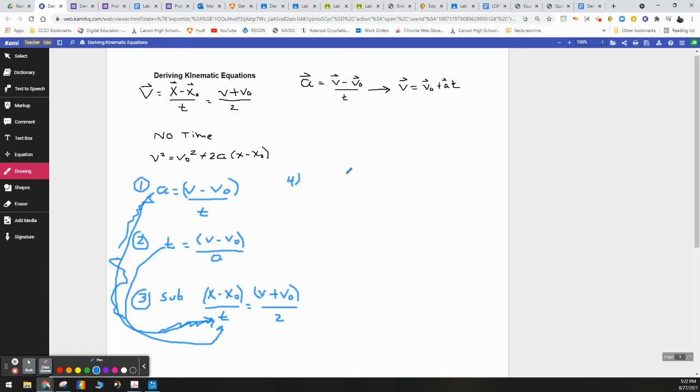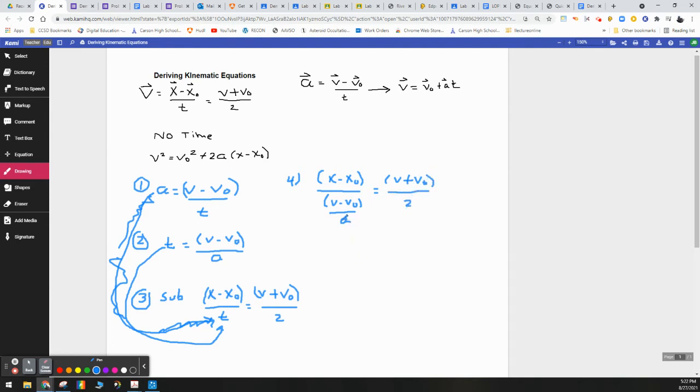If I do that, in the numerator we have x minus xo, and in the denominator, for t, I have v minus vo divided by a. And this is going to equal v plus vo divided by 2.